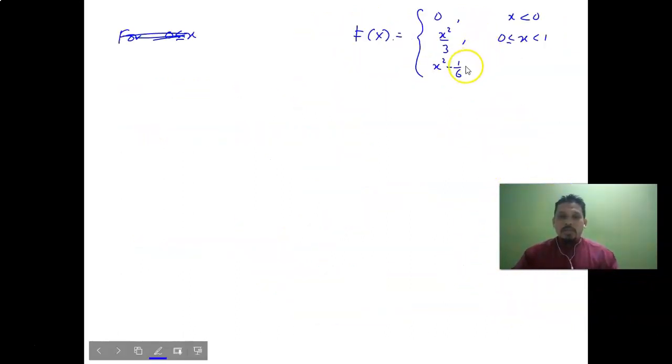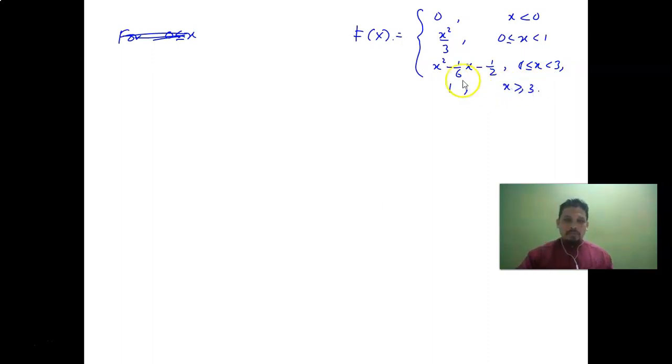So we write this in the proper form: x squared minus 1/6 x minus 1/2 for x between 1 until 3, and then 1 for x greater than or equal to 3.